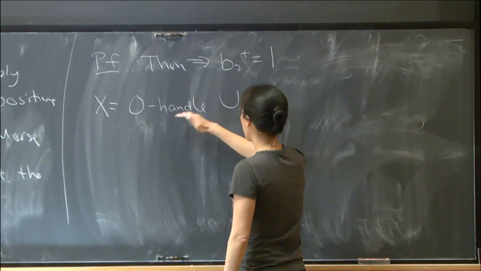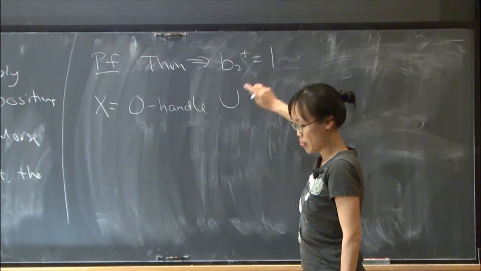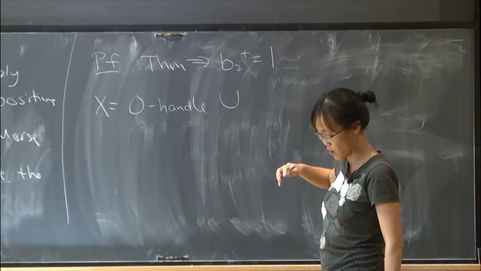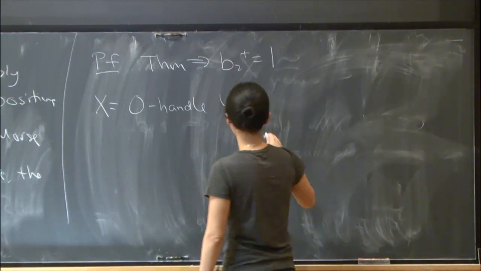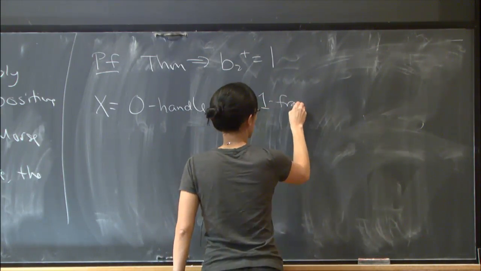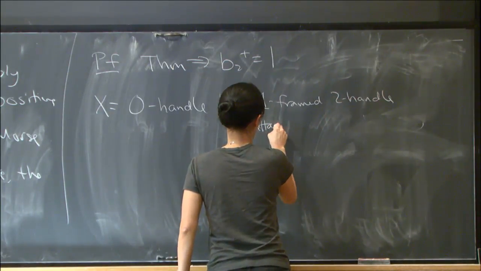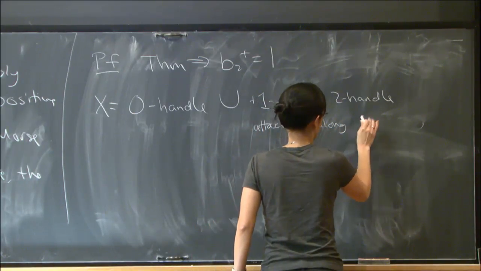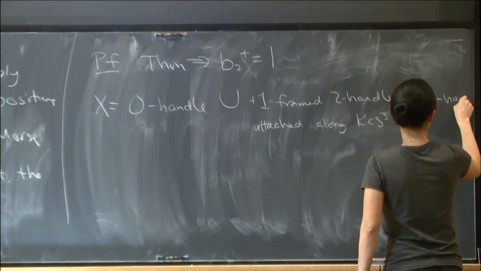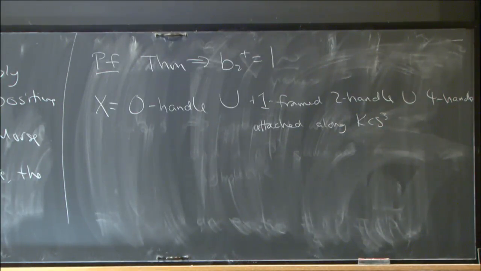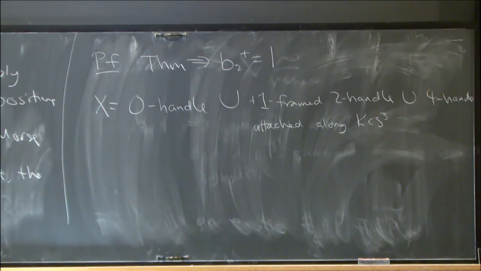We have a 0 handle, a single 2 handle, attached as a plus 1 framed 2 handle along some knot in the 3-sphere, and then a single 4 handle. So there are no 1 or 3 handles.